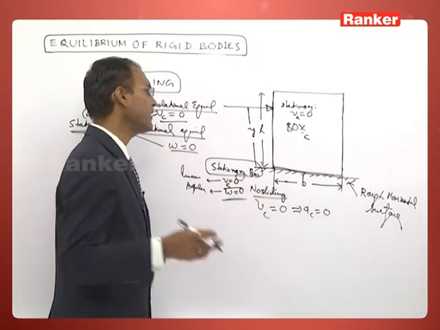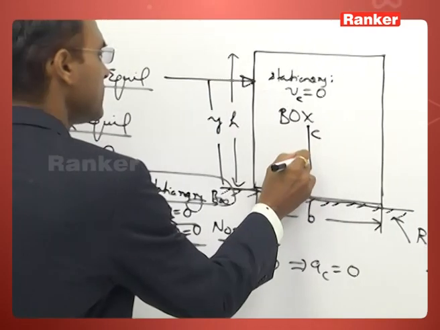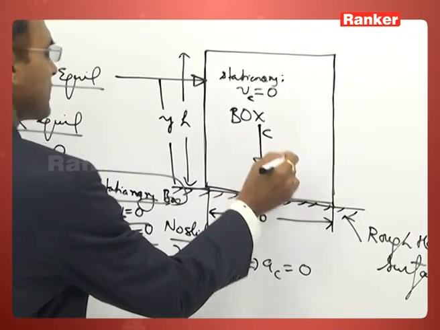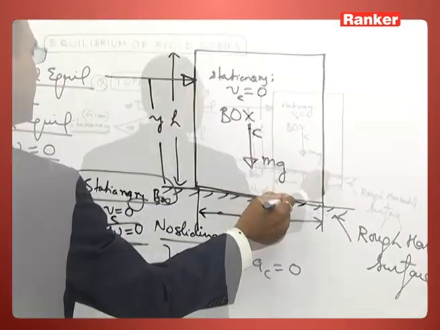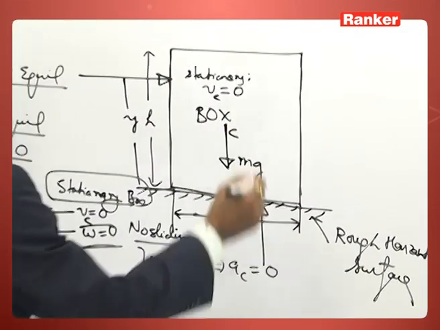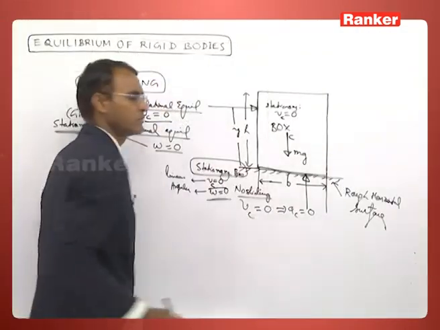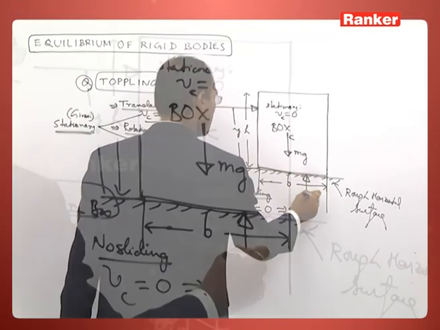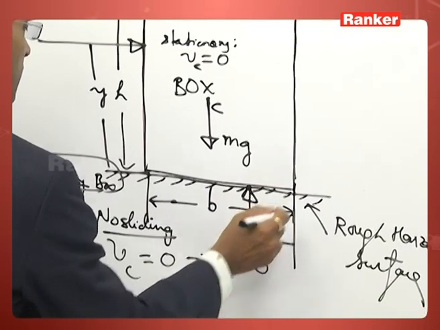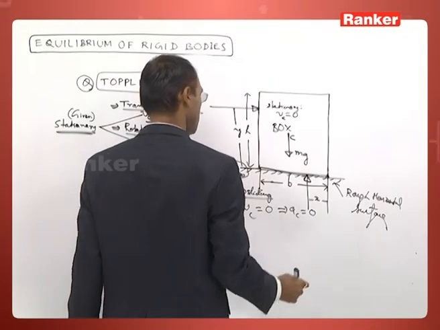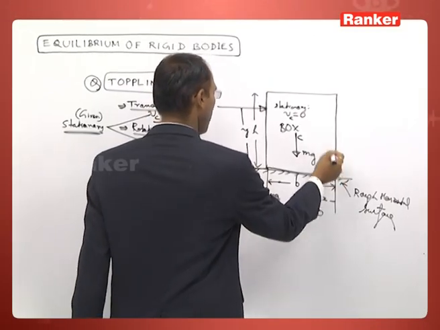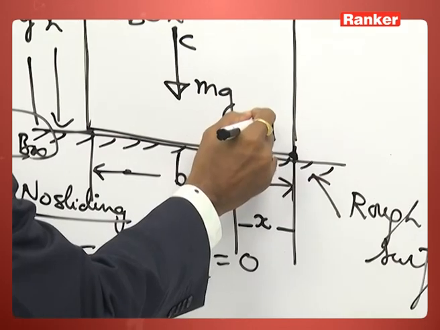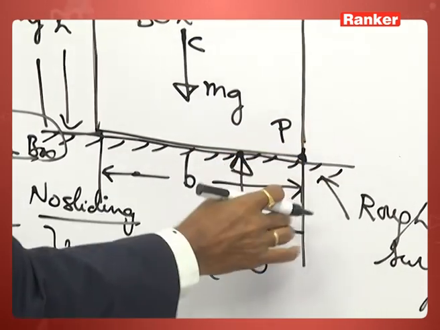Let us draw the FBD. At the center of mass, gravity acts. Normal reaction acts. Let us assume that normal reaction acts at a distance x from the point, let it be P, from this edge, let it be x.